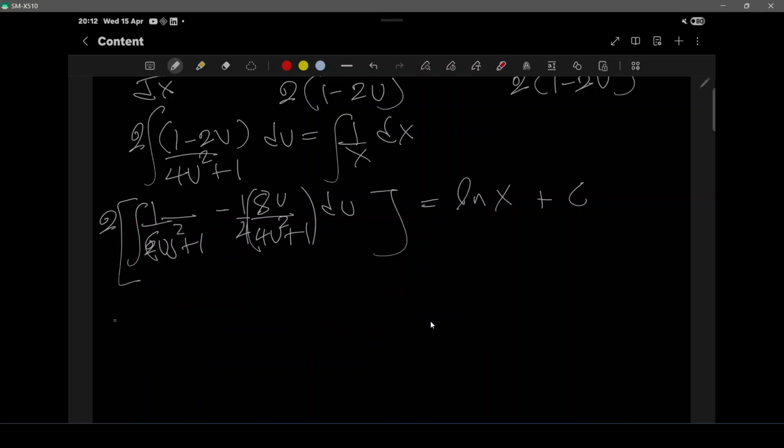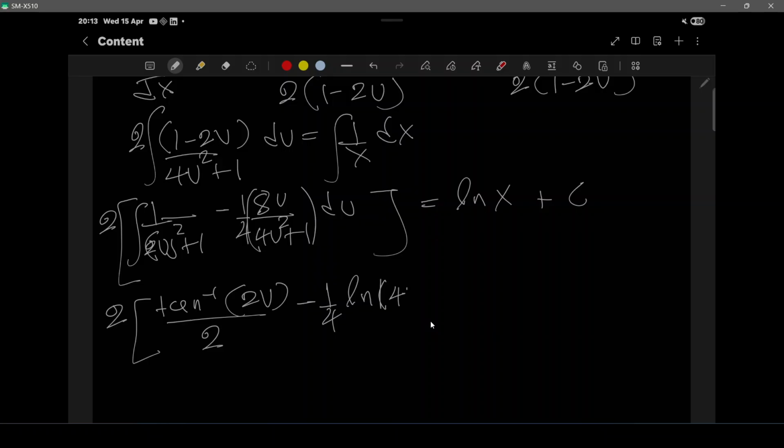So what you get is tan inverse 2v over 2 minus 1 over 4 ln of 4v squared plus 1. This is always positive, no wonder. So it is equal to ln x plus c dash.